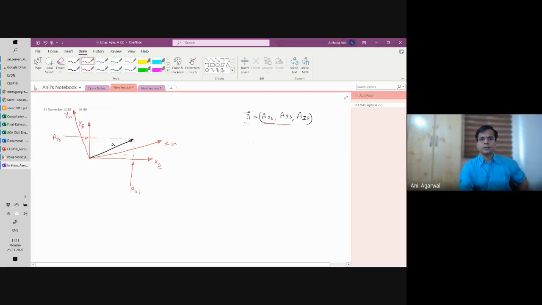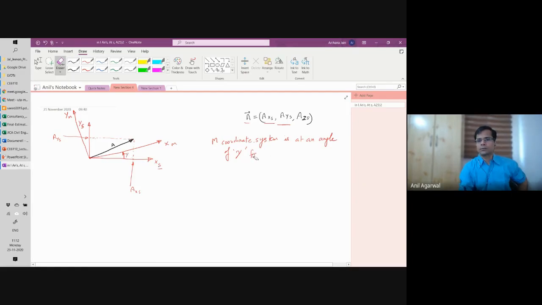And the M coordinate system is created at an angle of gamma in the counterclockwise direction. So I'm calling it positive gamma.